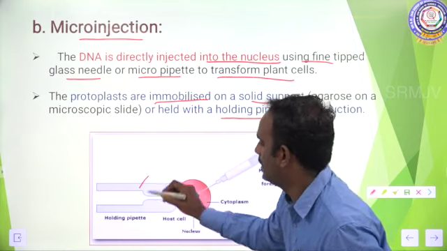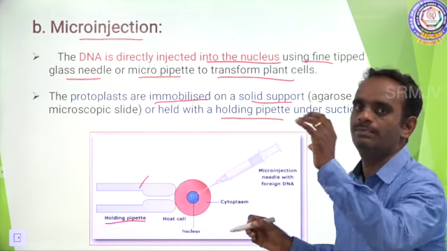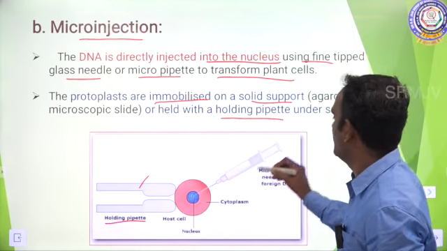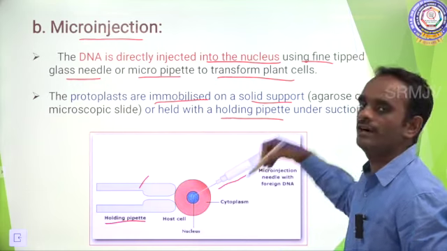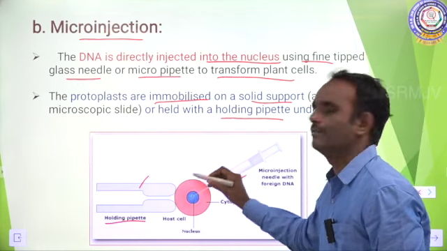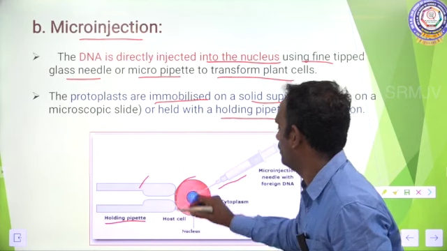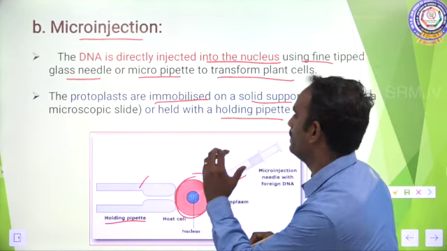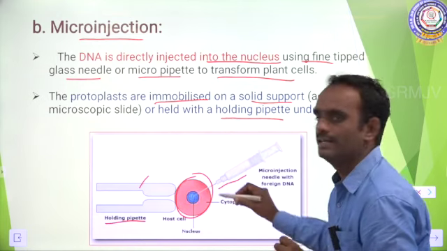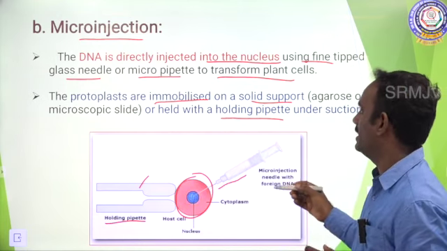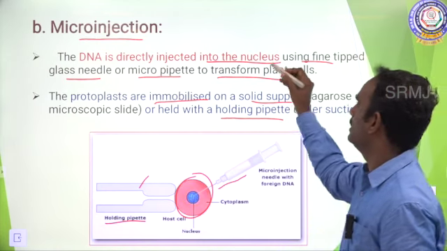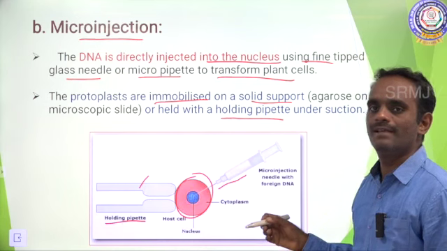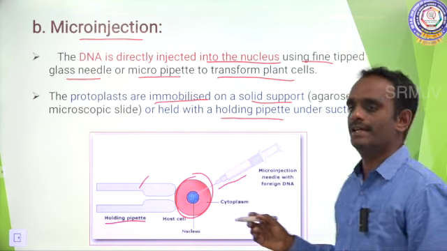See here, with the help of this holding pipette we hold the protoplast, and then we inject the gene of interest into the particular protoplast, that is into the nucleus. So the holding pipette holds the plant nucleus or protoplast. After that we directly inject the particular gene of interest into that nucleus. Clear? Understood, children? Yes.